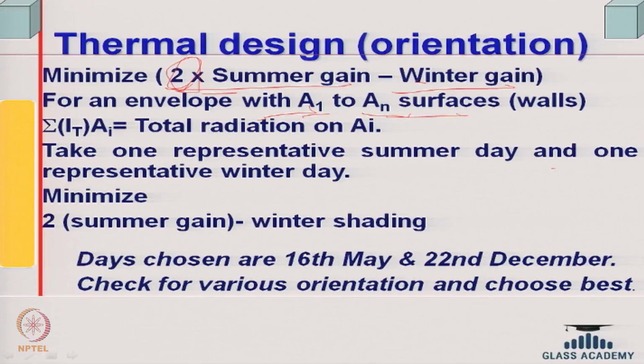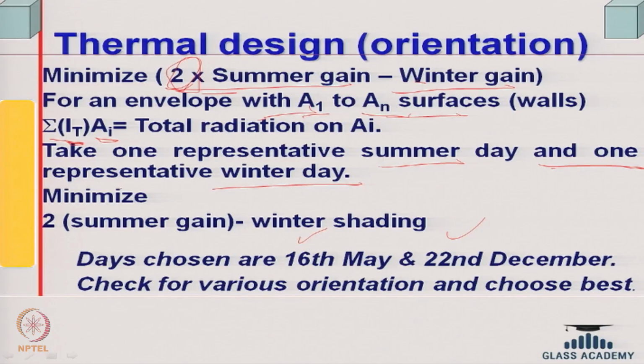So, for A1 to AN surfaces, you find out the radiation intensity on that vertical wall surface, multiplied by the corresponding area, and that will give you the total radiation. Take one representative summer day and one representative winter day. The code SP 41 takes 16th May and 22nd December. This is a summer day, this is a winter day, right.